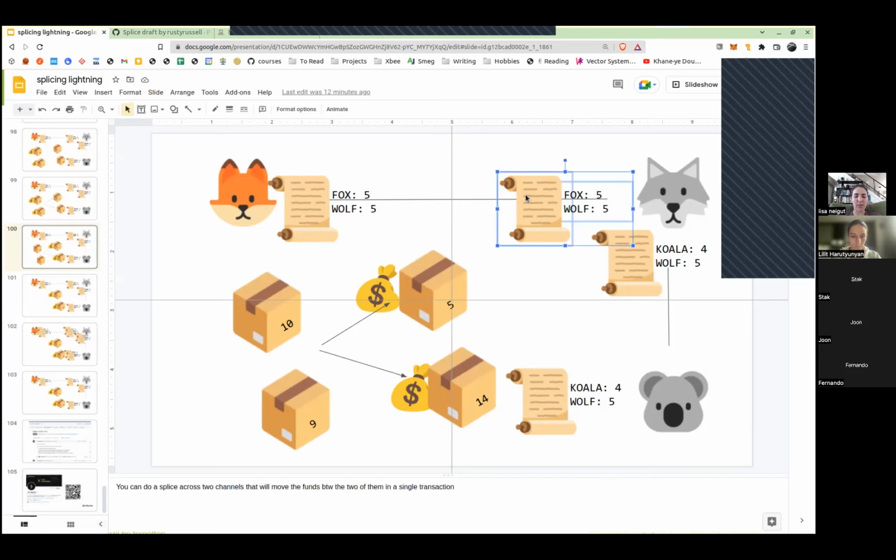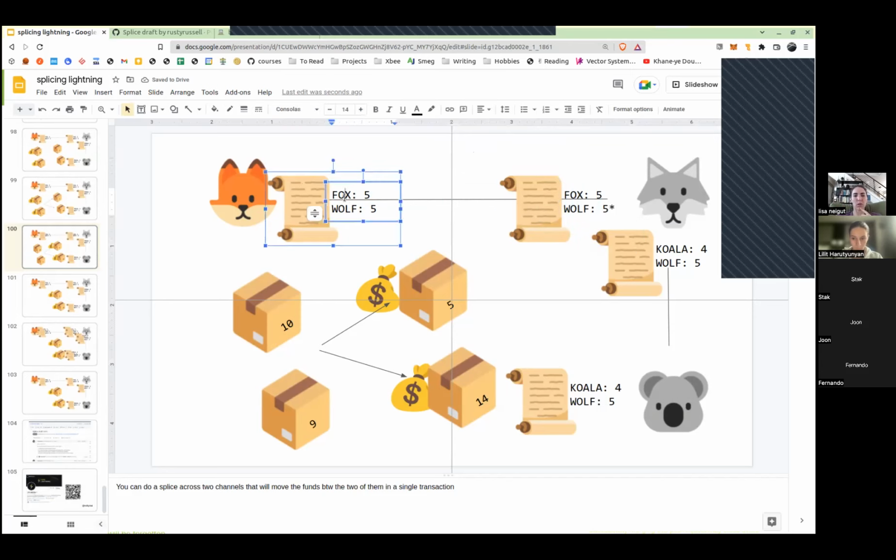So I think in general, most people's nodes will probably be very willing to move your stuff around for you. But it's worth noting, if you had a channel where these 5 Bitcoin were locked, so they have a little star on them, because Fox had paid you to put those 5 Bitcoin in a channel with them, they still belong to you, they're still yours.